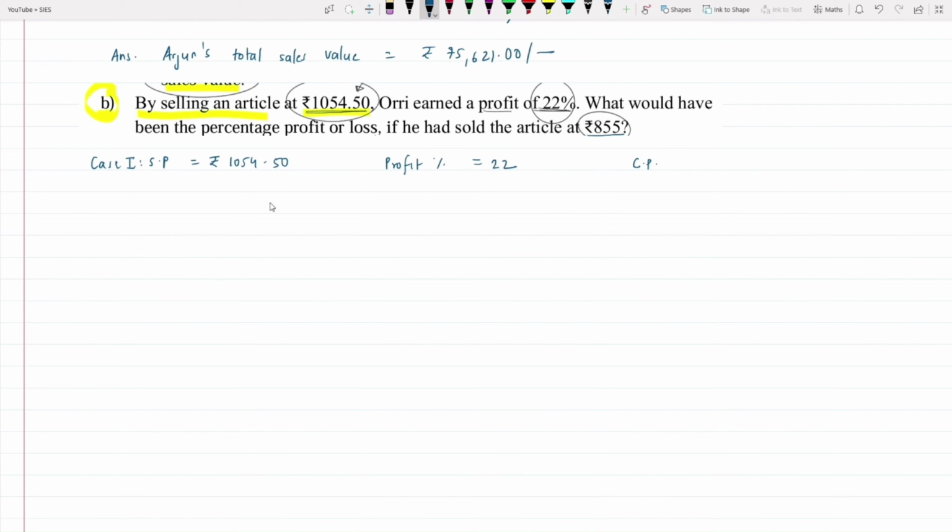So we are going to use the formula SP is equal to (100 plus profit percentage) over 100 times CP.